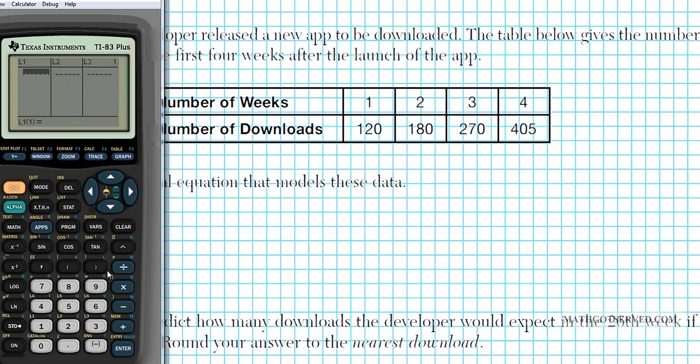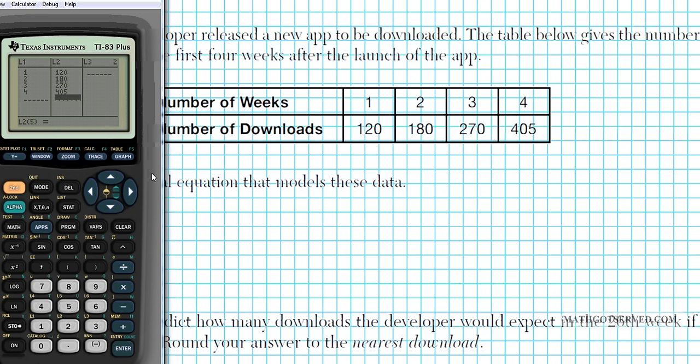In list 1, let's enter the number of weeks: 1, 2, 3, 4. The second list will be the number of downloads. L2: 120, 180, 270, and 405. So you just enter the data into your calculator.